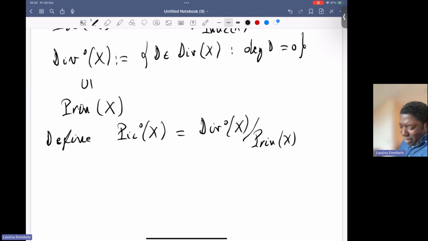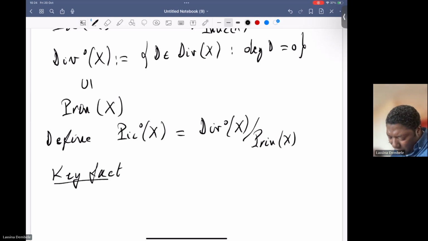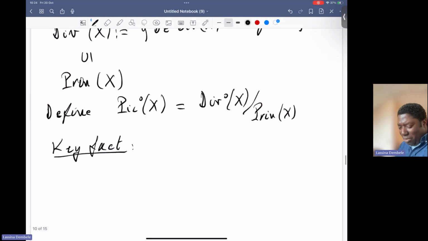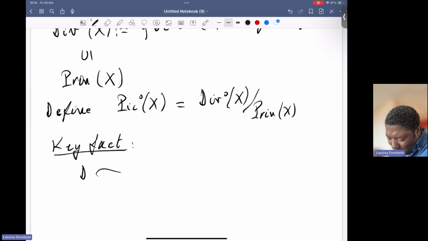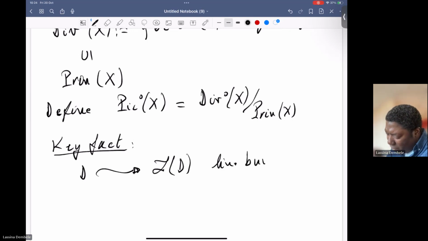Now here is the key thing that makes things even better in this case: if you have a divisor, I can associate a line bundle to that divisor.